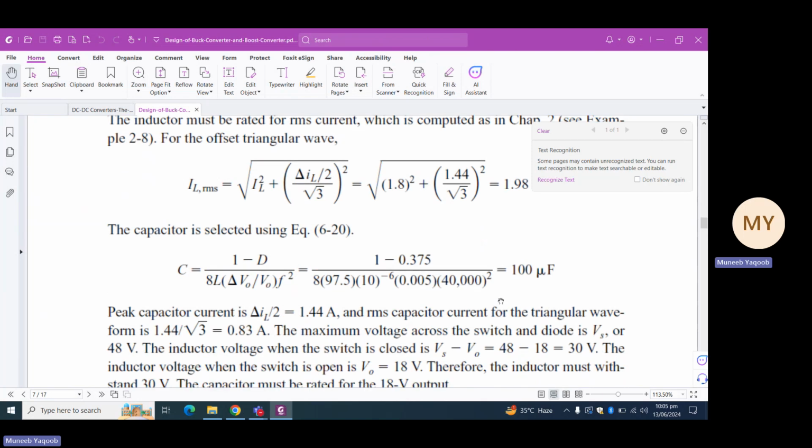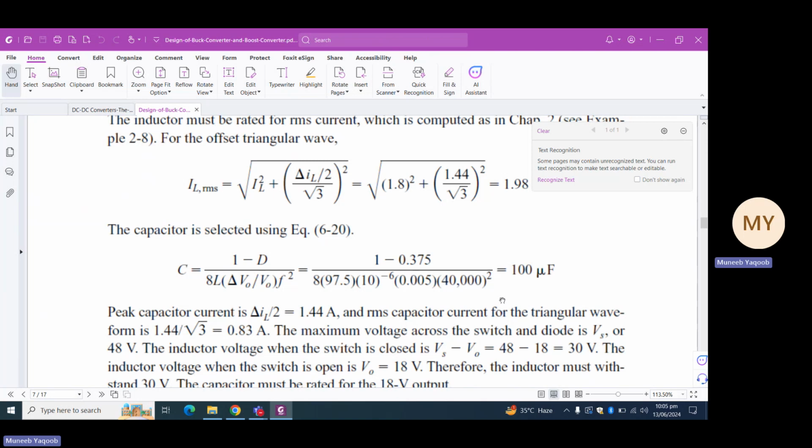Finally, as we know that delta IL is 2.88, delta IL upon 2 is 1.44, and hence we calculated the capacitor current from that triangular waveform, and it comes as 0.83 ampere.